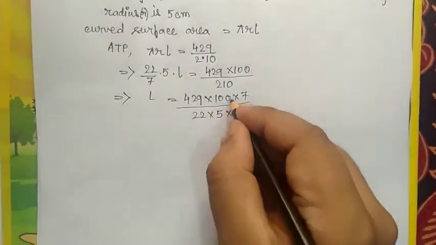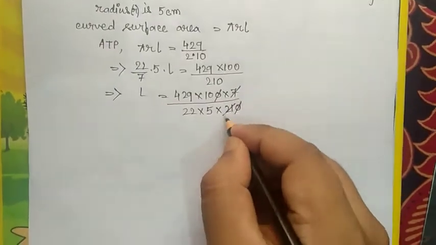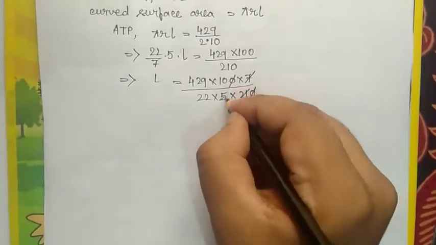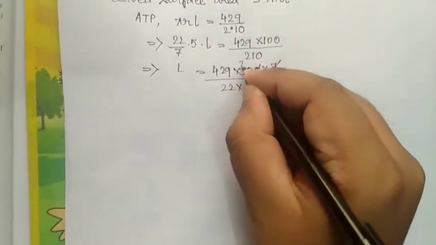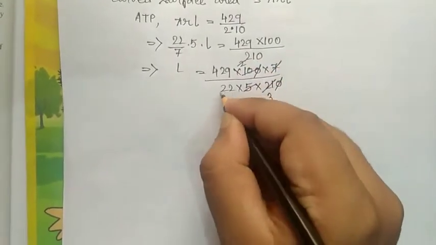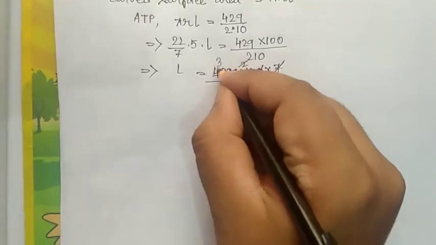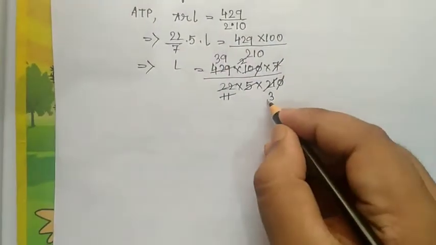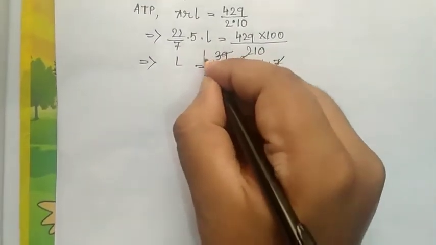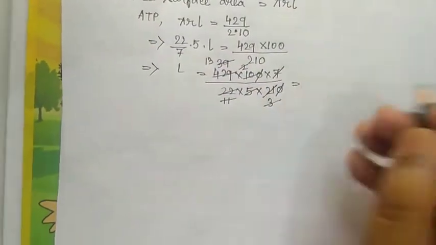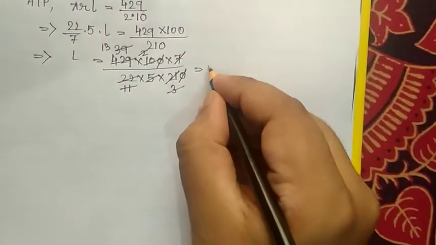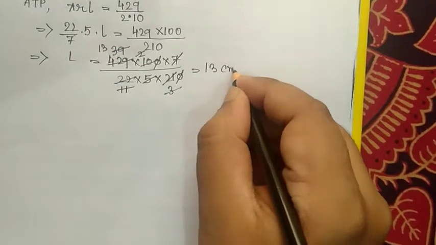Eliminating first 0 and 0, 7 21s 3, 5 10s 2, by 2 this 22 11, and 11 from 429 33, 3 13s 39. So if we divide 39 by 3, the answer should be 13. So the slant height, here I find, is 13 centimeter.